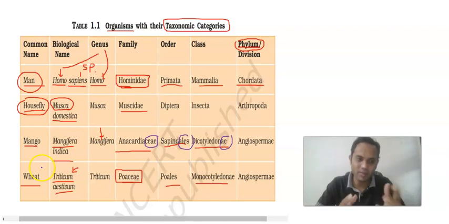Likewise, mango, name Mangifera indica, genus Mangifera, family Anacardiaceae, order Sapindales, class Dicotyledonae, and division Angiospermae. Wheat, name is Triticum aestivum, genus is Triticum, family is Poaceae, order is Poales, class is Monocotyledonae, and division is Angiospermae. So I hope you all understood.